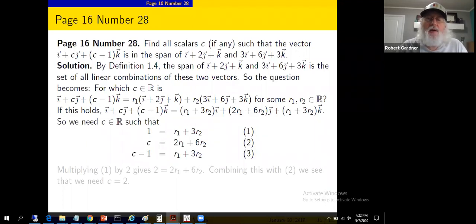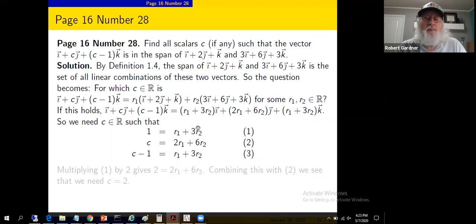All right, if this equation holds, let's add these two vectors on the right-hand side. How many i's do we have? R1 plus 3R2 i's. How many j's? 2R1 plus 6R2. Distributing, really is distribution. And how many k's? So we'll do the addition on the right-hand side.